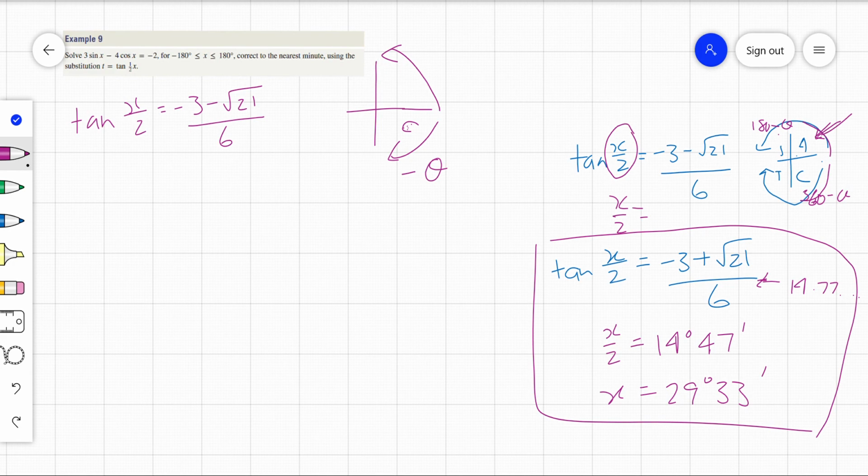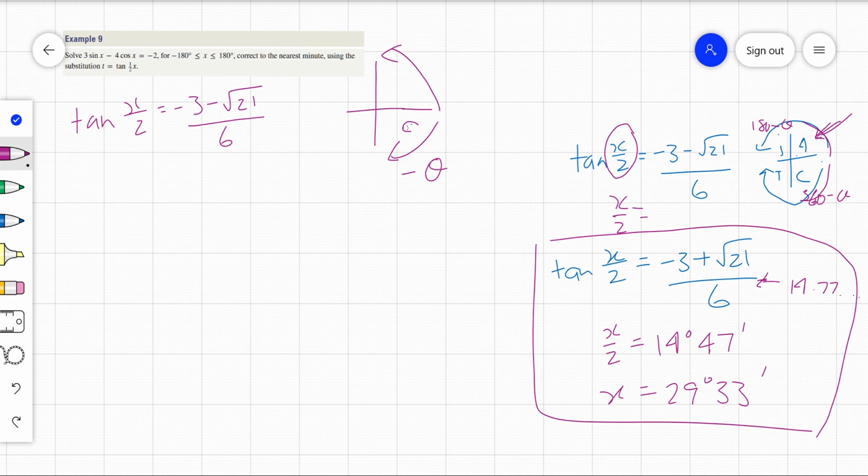So let's have a look at what we get for our acute angle here. So 3 and root 21. What have I got to do? Shift tan.